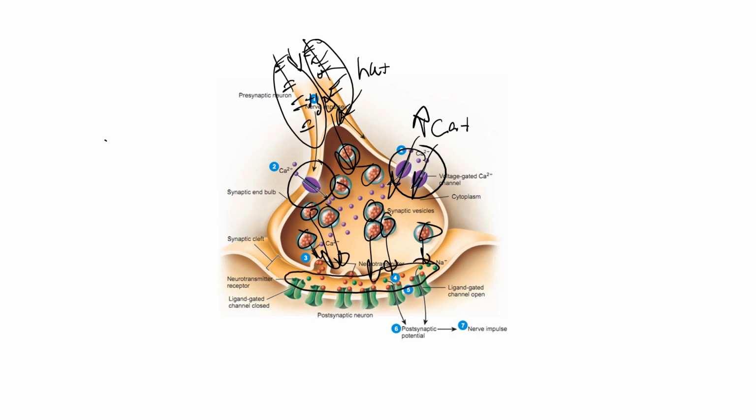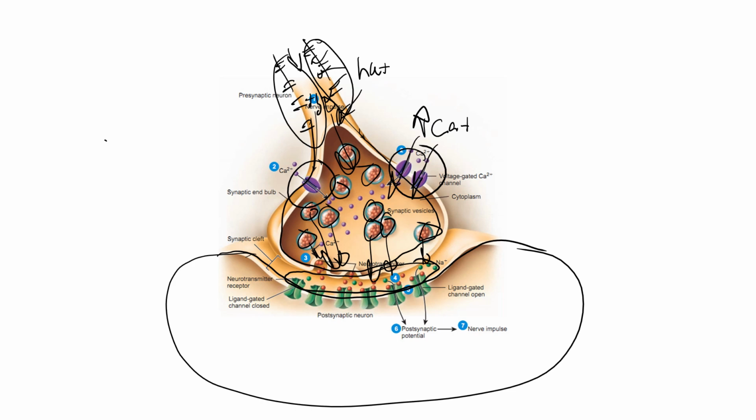More specifically, the interstitial fluid that exists in the synaptic cleft, the space that exists between the axon terminal button and whatever cell that it hooks up with. In this case, we can say another neuron. But as you all probably know or remember, neurons don't always hook up with other neurons. This could be another cell. It would still be a synapse. Right?